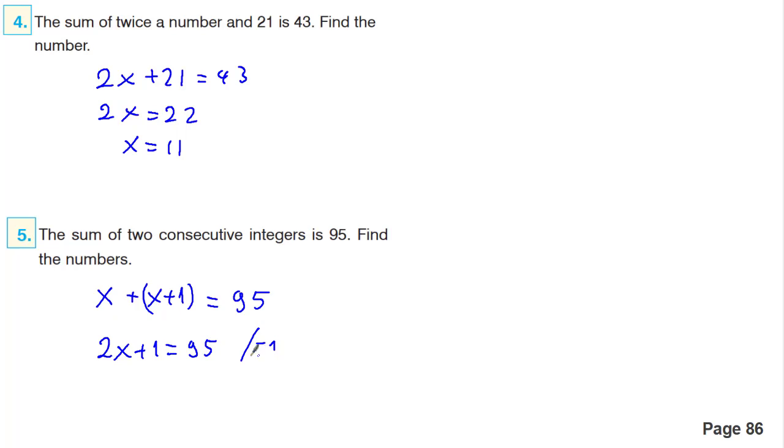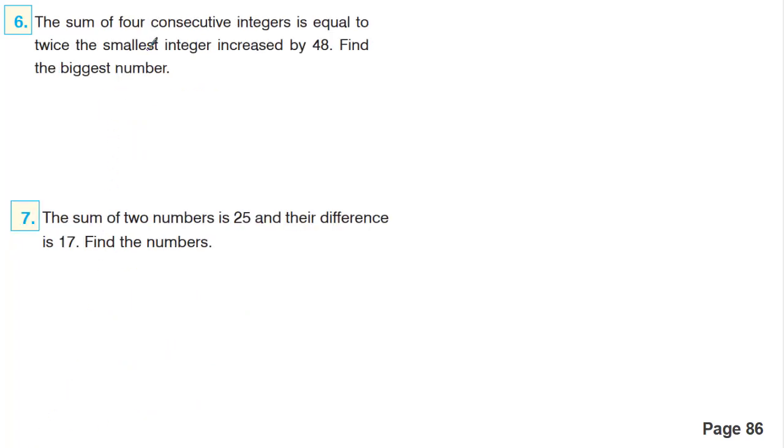We subtract 1 from both sides, you get 2x is 94, which leaves x as 47 actually. 47.